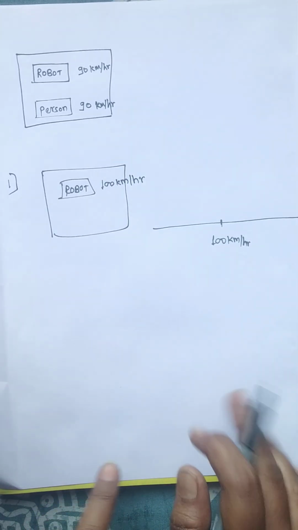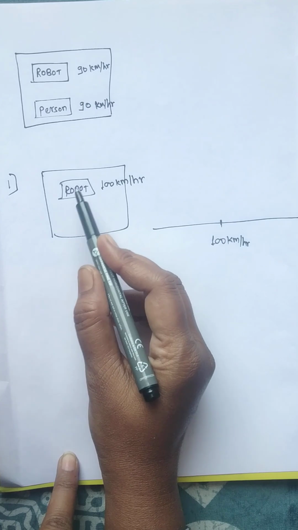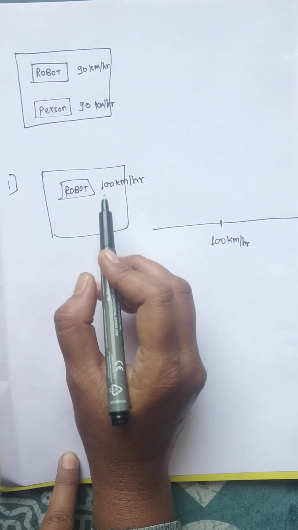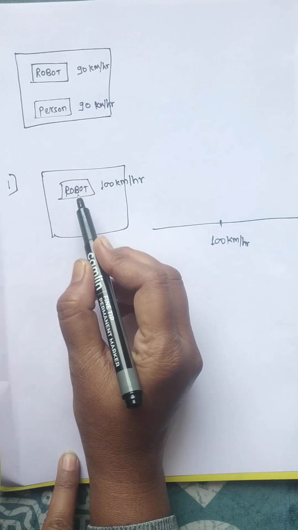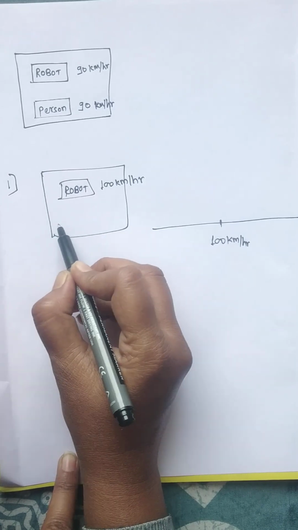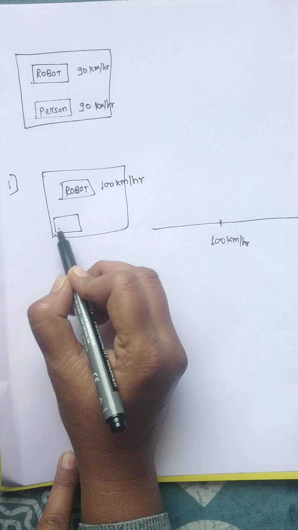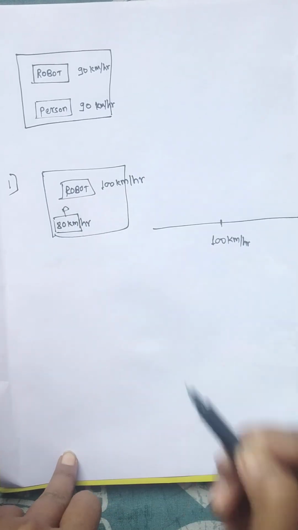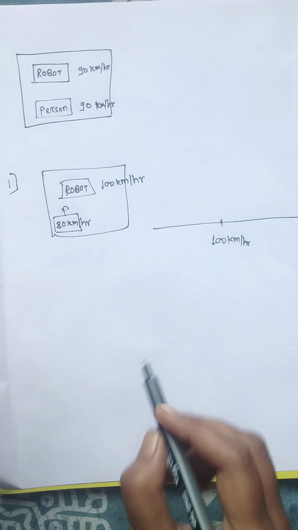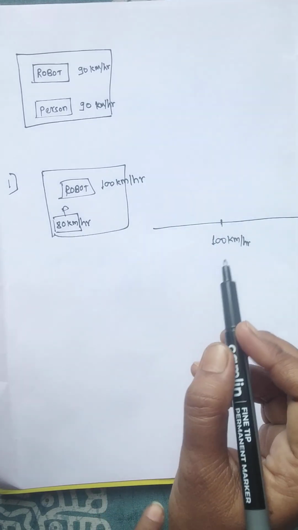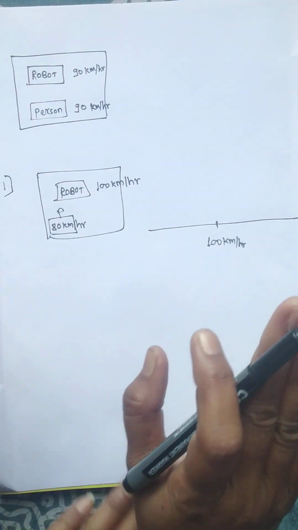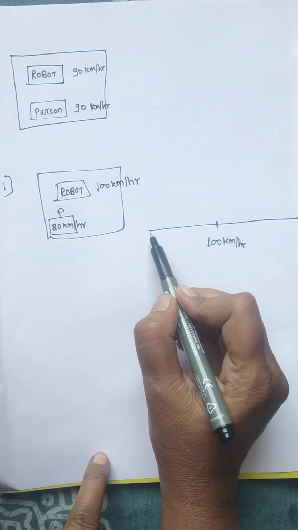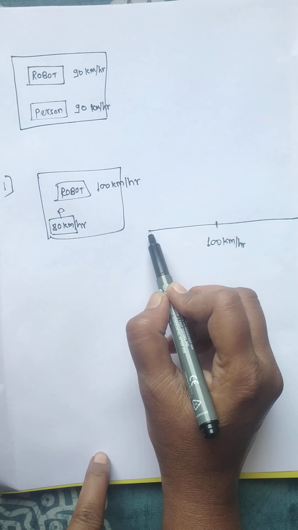Suppose this system is set so that the robot will detect the person when the person runs at a speed of, say, 80 km per hour. If the person runs at 80 km per hour and keeps increasing his speed. Let us first understand when the person is running slowly. Suppose initially the person is running at 10 km per hour.